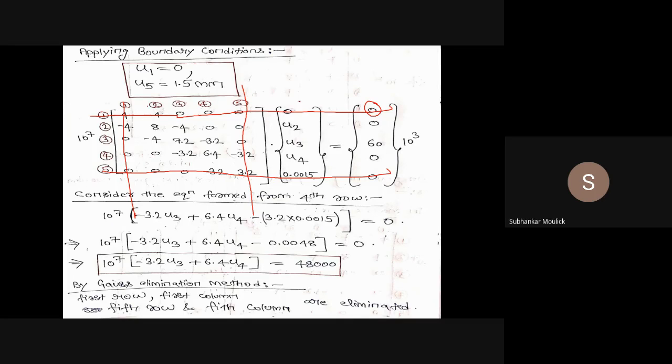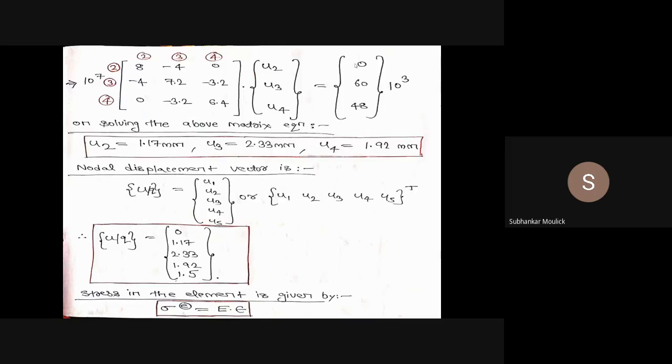So I am left with the second row, second column, third row, third column, fourth row, fourth column. So it will be a 3 cross 3 matrix. That means this matrix, and it will be equal to U2, U3, U4, which is equal to this: 0, 60, 48. That means this matrix.